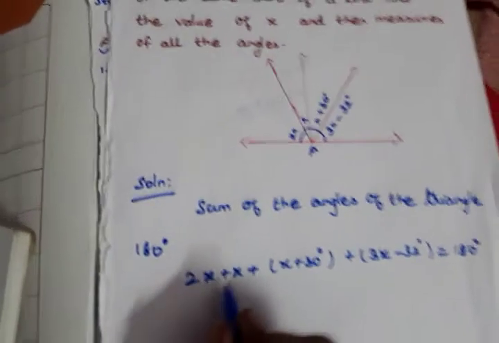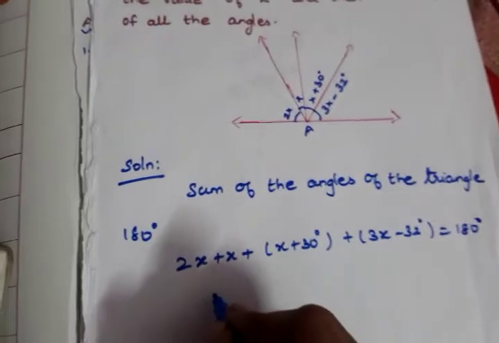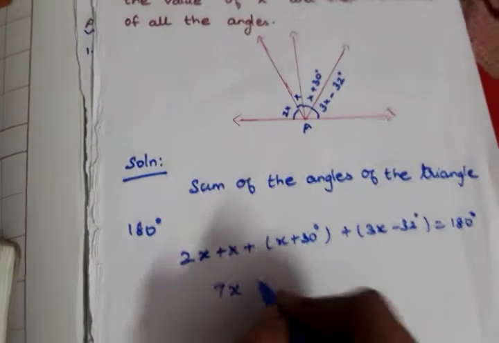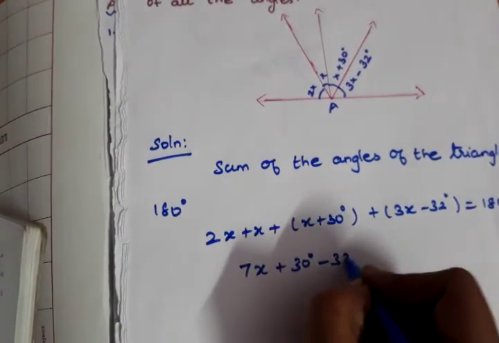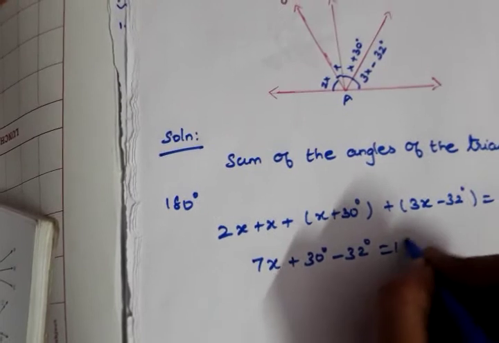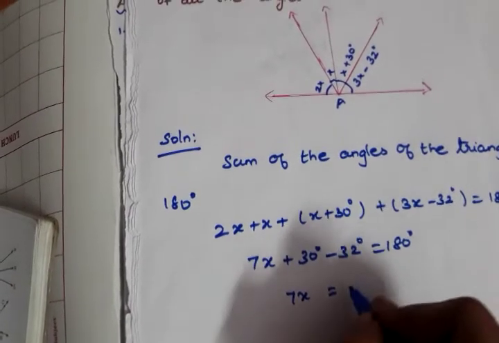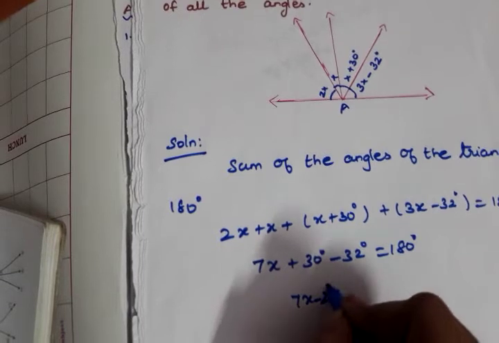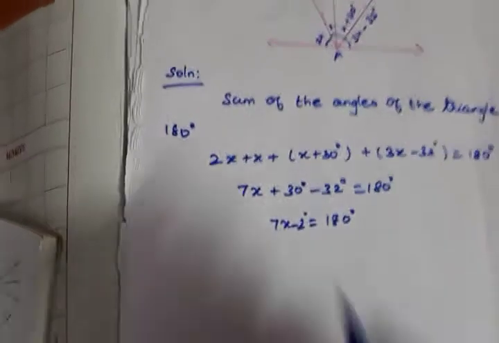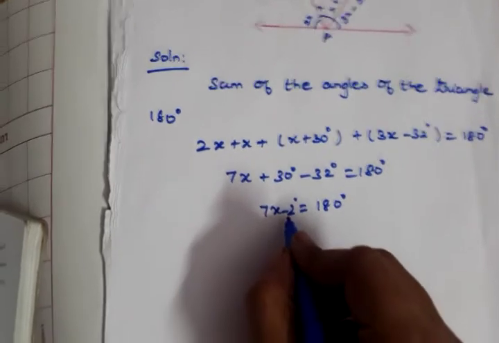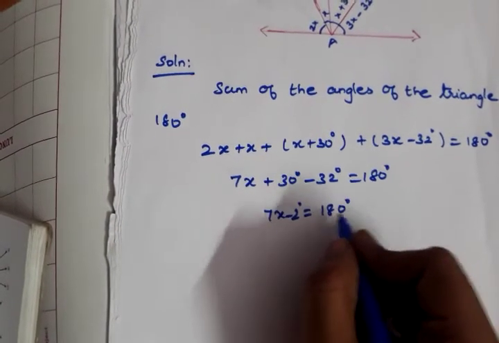Okay, so 3x plus 4x plus 7x. So 7x plus 30 degree minus 32 degree equal to 180 degree. So 7x minus 2 degree equal to 180 degree. So minus 2 transpose to plus 2.